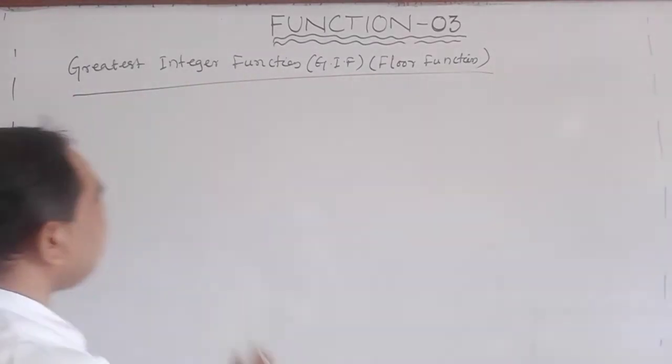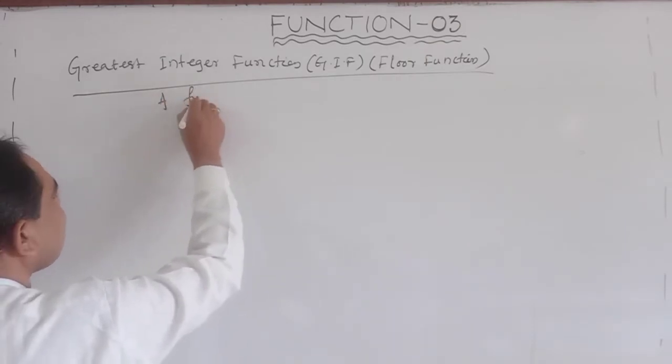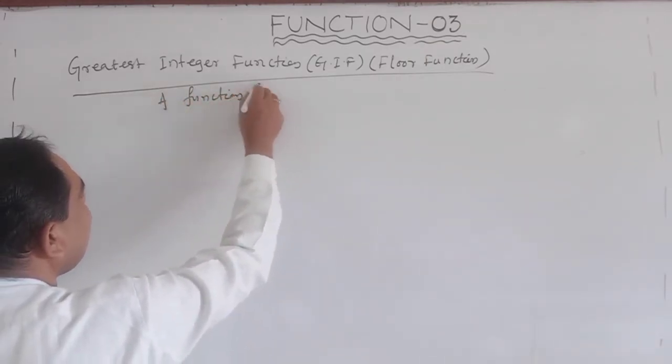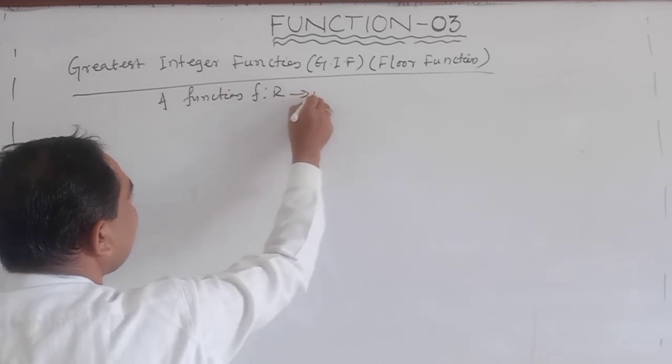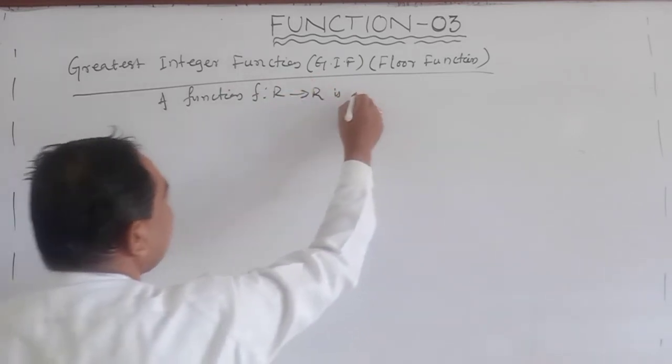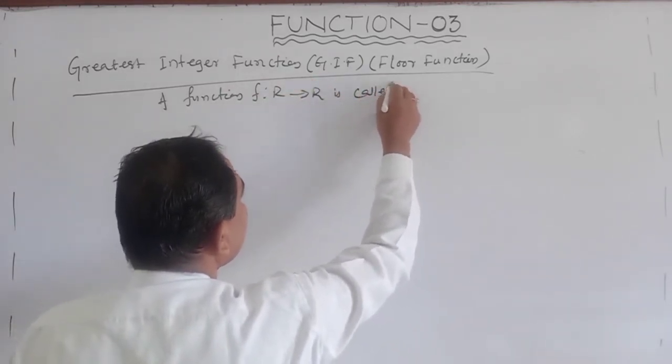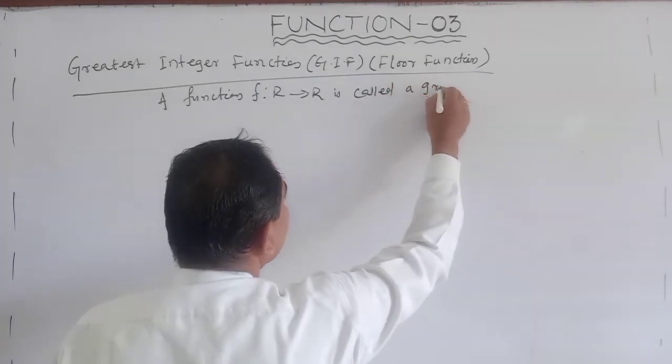A function f from R to R is called a greatest integer function.